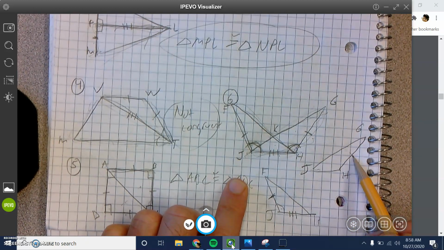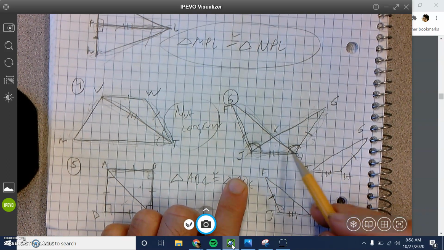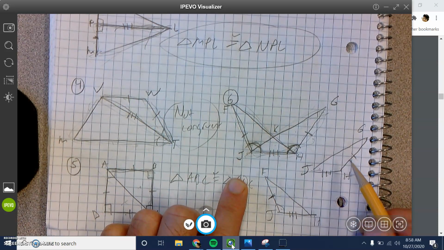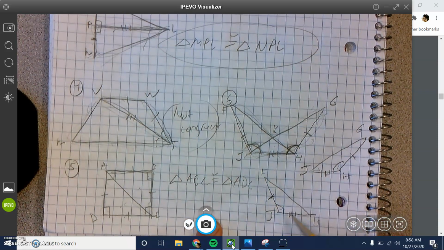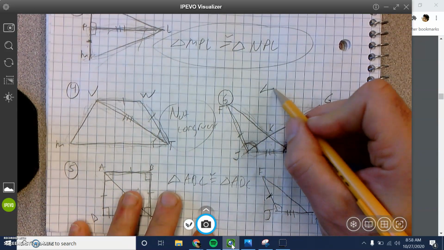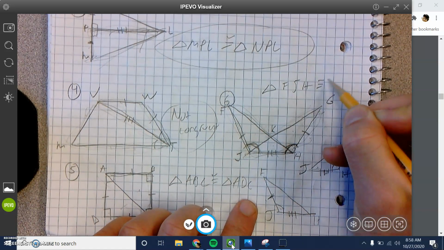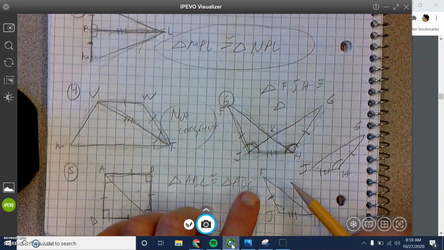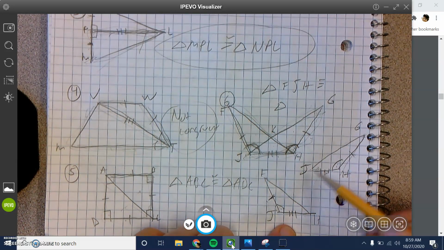This is 1 mark here, G to H, 3 marks here on J to H, and then this big mark on H. So those marks match up. Side, angle, side. Yes. So triangle F, J, H is congruent to triangle, I went from 1 to angle to 3, G, H, J.